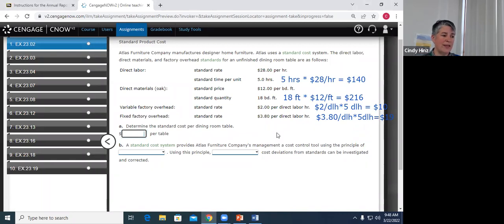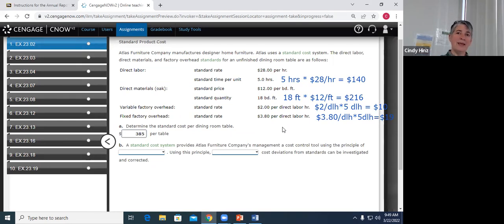So now to find the standard cost per table, this is just the product cost. Remember, that's all we're focusing on in this chapter: the product cost, direct materials, direct labor, and overhead. So if we combine those 4 pieces, I got $385 per table.